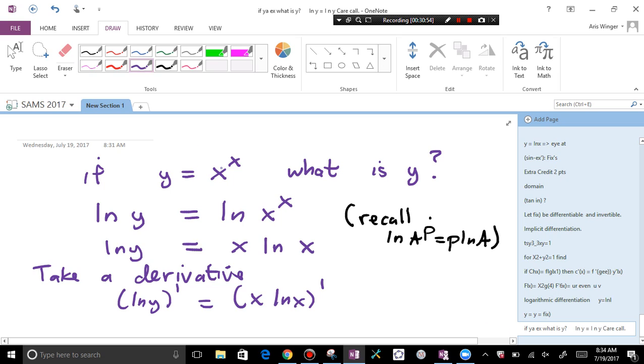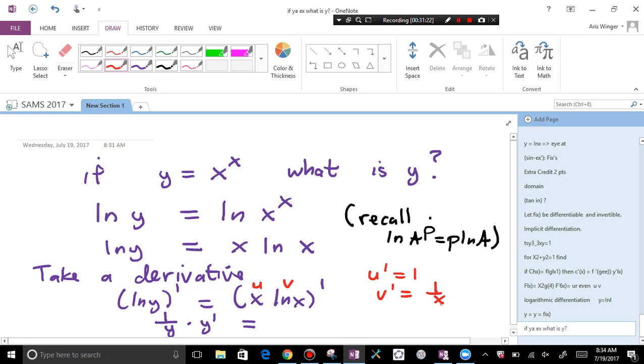We know y is a function of x. So the derivative of the natural log of y is 1 over y times the derivative of y. What's the derivative of this? What do you have to do? That's the product rule. This is u, that's v, u prime is 1, v prime is the derivative of the natural log of x, which is 1 over x.